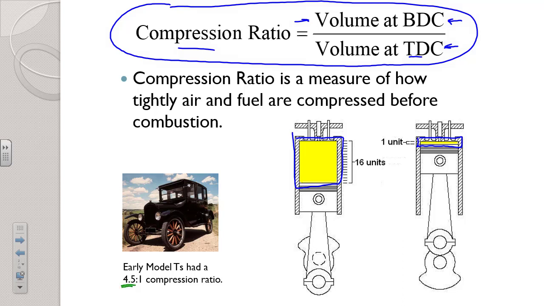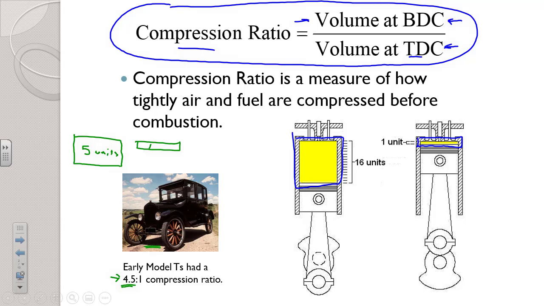Now, a little bit of history. Henry Ford's early Model Ts had a compression ratio of about 4.5 to 1. That is to say, they only squeezed air and fuel about 4 or 5 times. So it might only squeeze about 4.5 units of air into 1 unit of space. That's not much compression, but that's why these early engines only made about 20 horsepower.